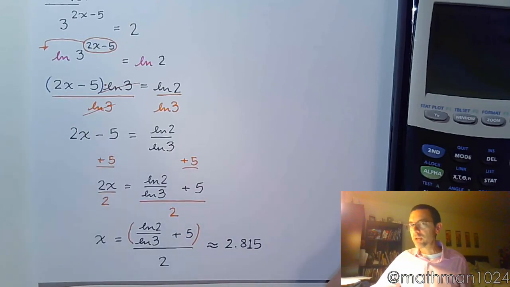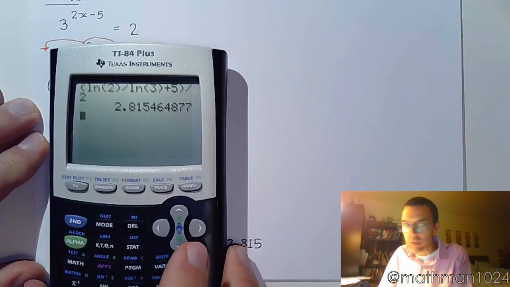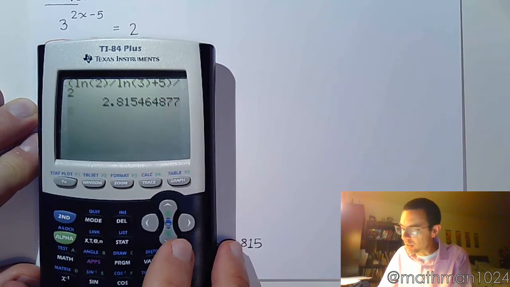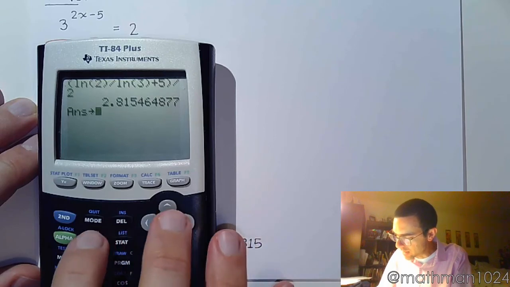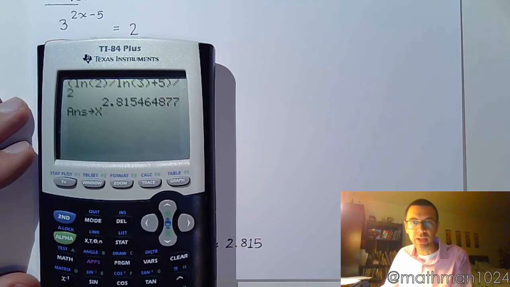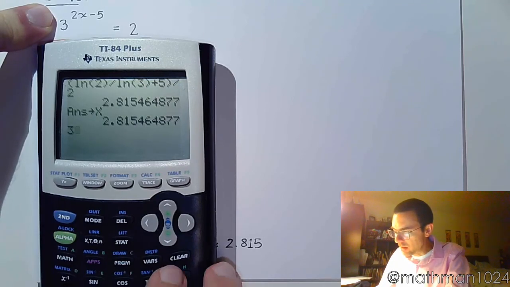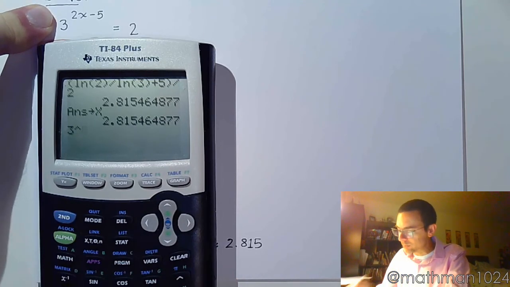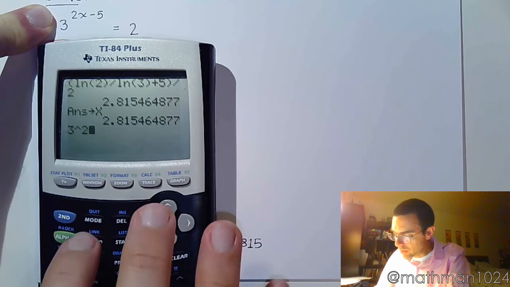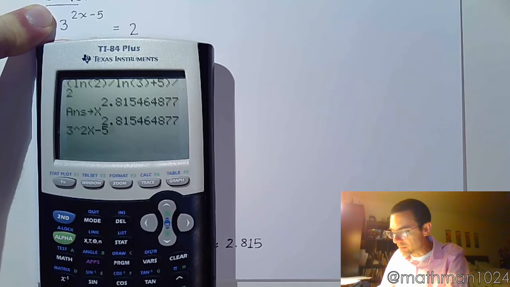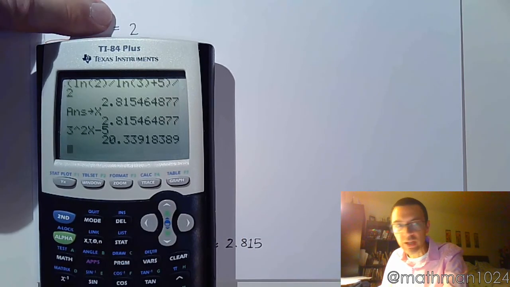Now let's check to make sure that this is okay. So, just like we did in the last problem, I'm going to take this, I'm going to store it into x by pressing that store key and then pressing x. And I'm going to type this expression. So 3 raised to the, now be careful. If I do 2x minus 5 like that, you see that it does not equal 2.